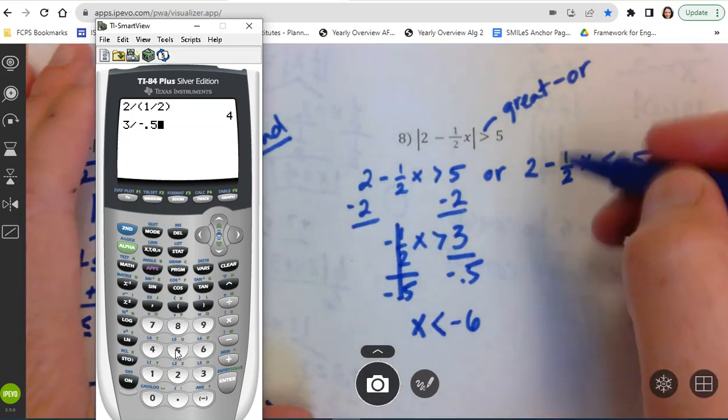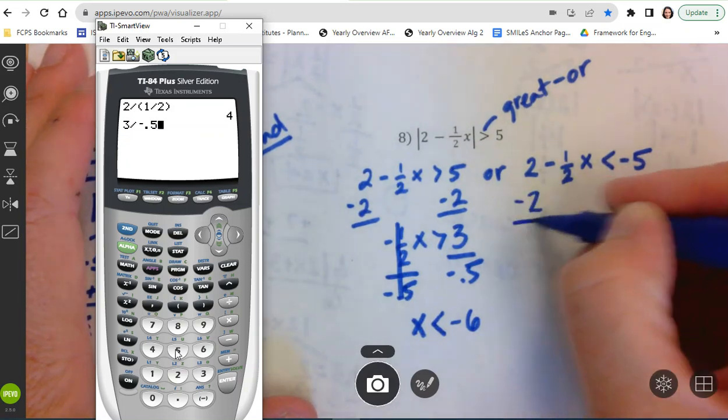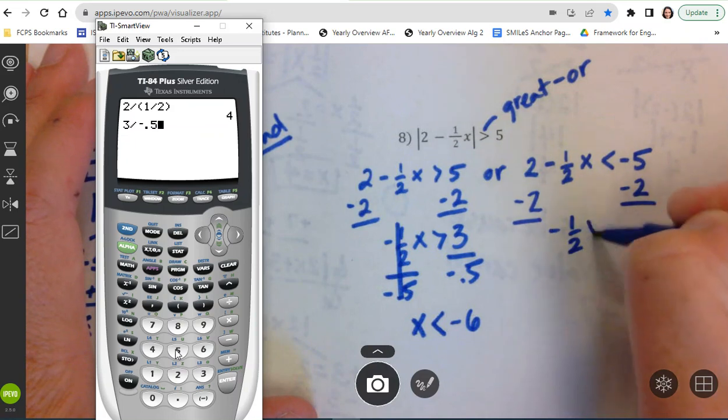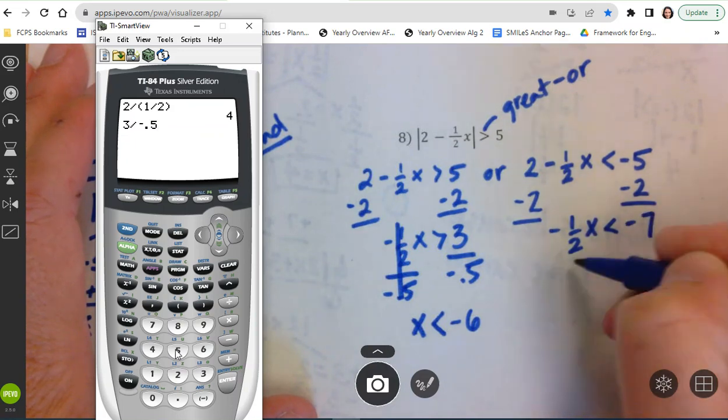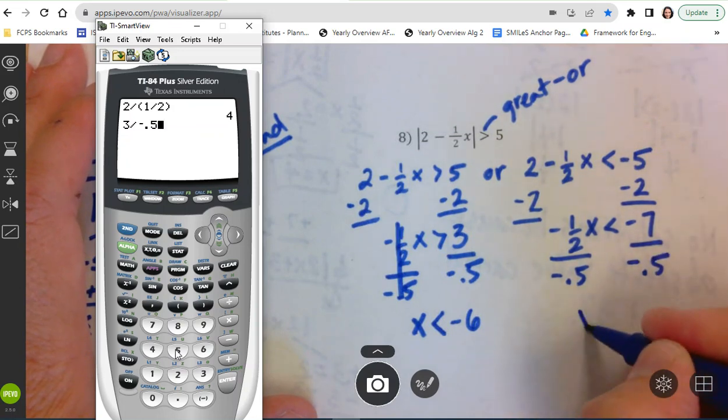All right, I'm going to do this side. The steps are the same. There's just a lot of tricky steps to this one.